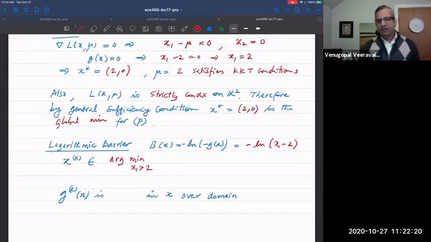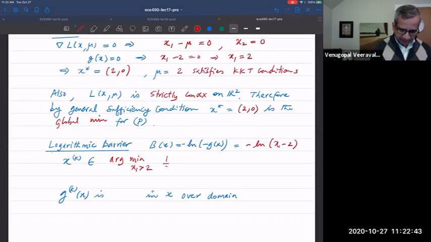And of course we have a constraint for the barrier, because the barrier is not well defined for x less than or equal to 2. So we have to minimize under the constraint.